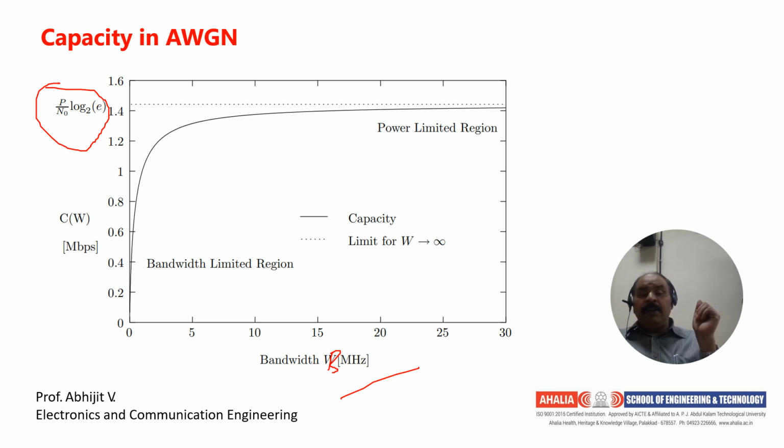Capacity is given by P by N naught log to the base 2E. When a question is asked on the significance of bandwidth to the capacity of the channel, you need to explain by drawing this graph.